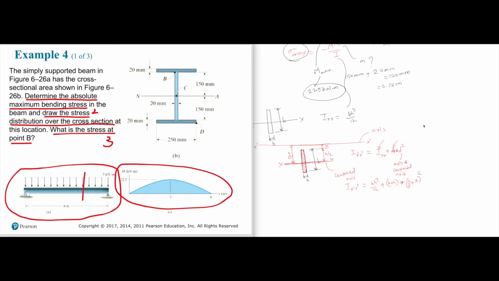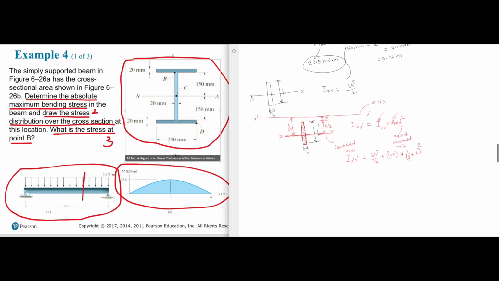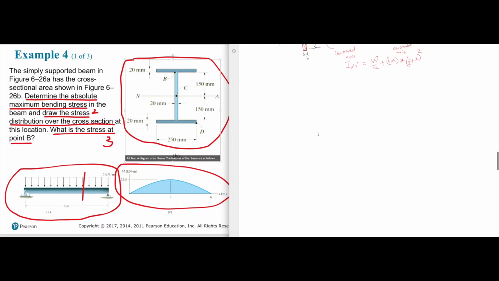Okay. So using this idea, let's apply and find the moment of inertia of this I cross section. Let's calculate the moment of inertia of that I cross section. What I'll do is I'll paste the picture here so I can easily draw it.